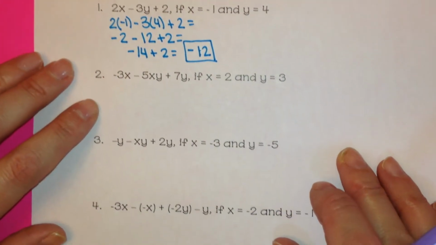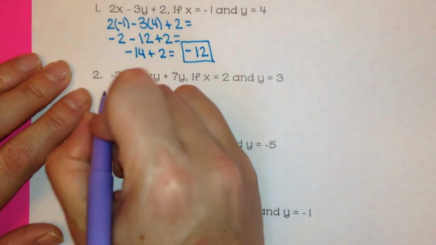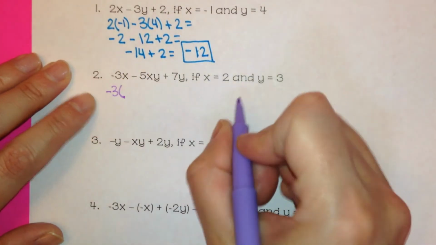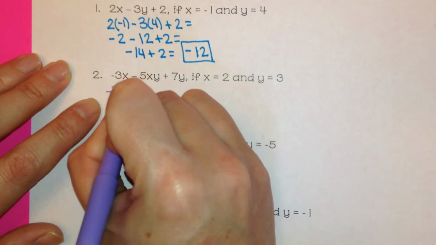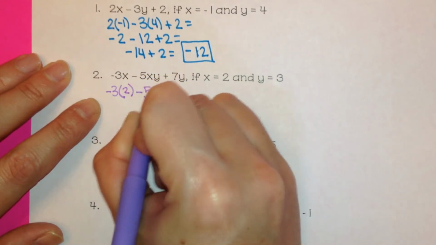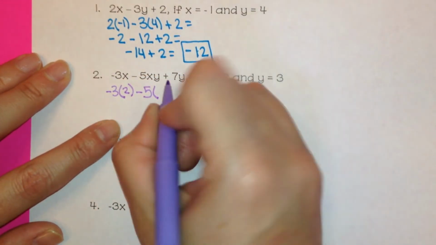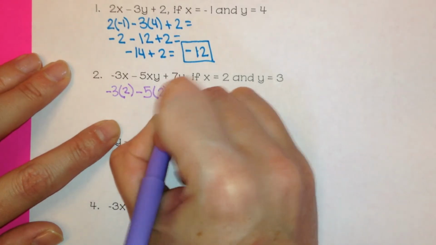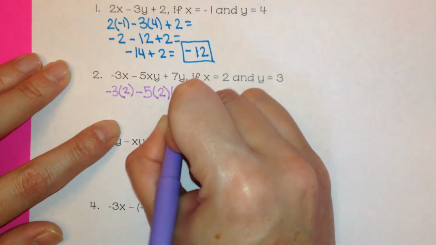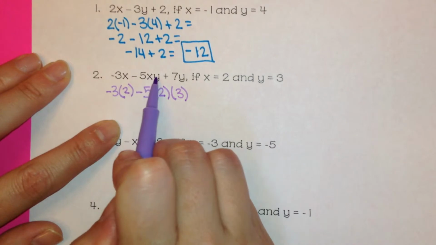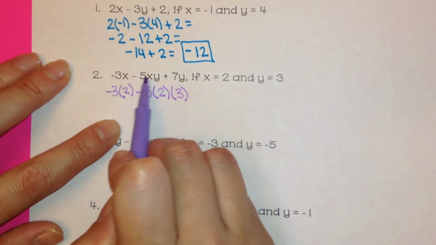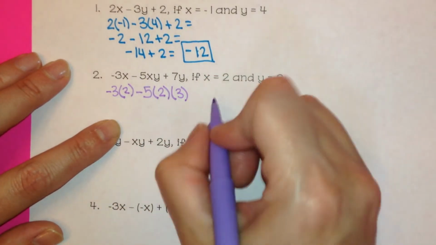All right, next one. We have negative 3 times the x value, which is 2, minus 5 times the x value, which is 2, times the y value, which is 3. Again, all three of these are multiplied together because there aren't any operations in between.